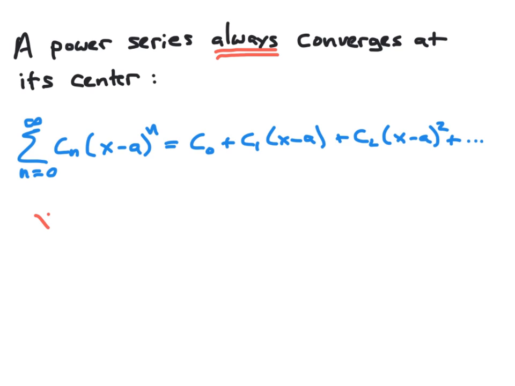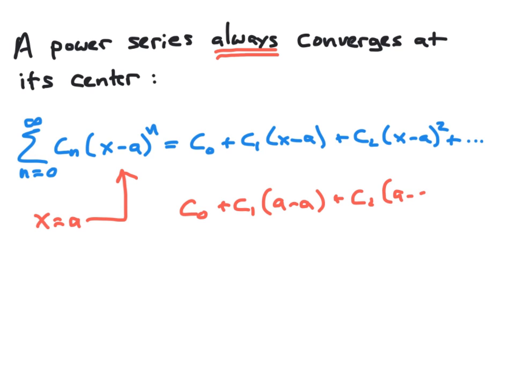And if we substitute x equal to a, the center, into our series, what we obtain by writing out several terms is the number c sub 0, the zeroth coefficient, plus c sub 1 times a minus a, we're replacing x with a here, plus c sub 2 times a minus a squared, and so forth.